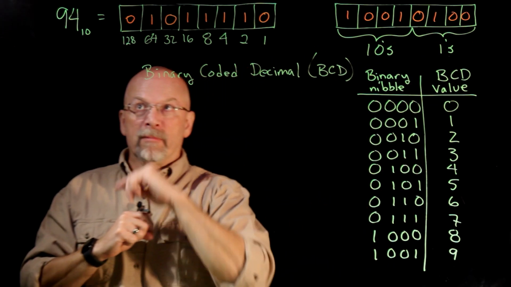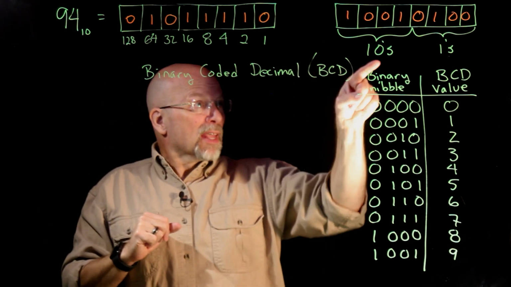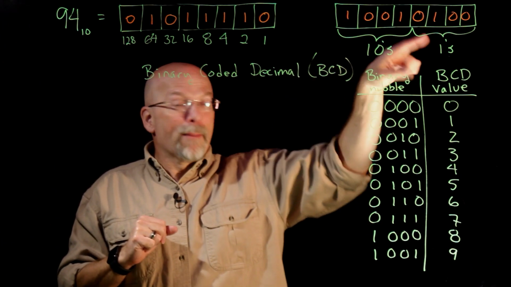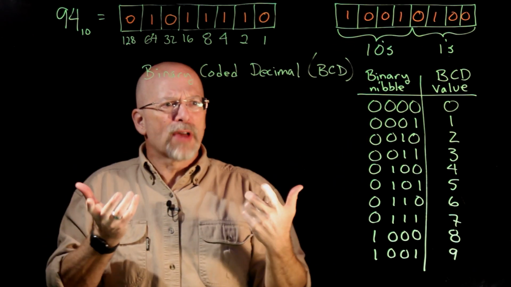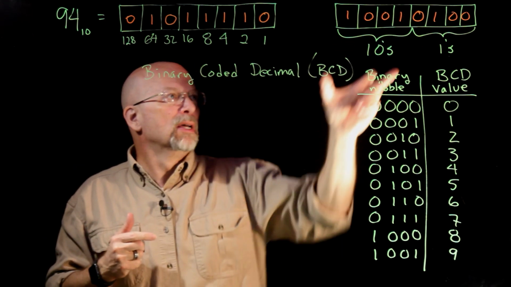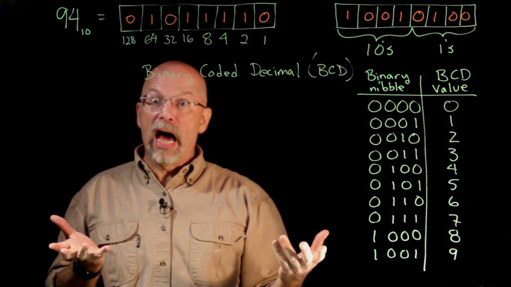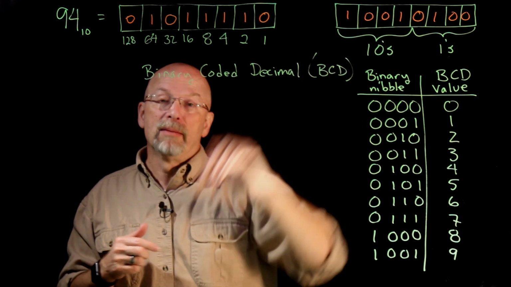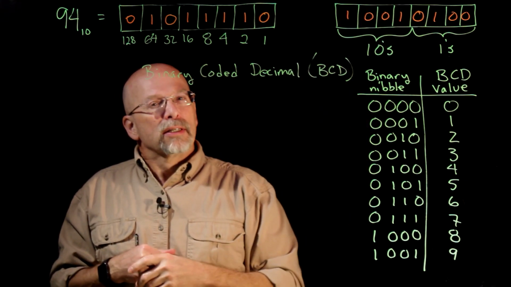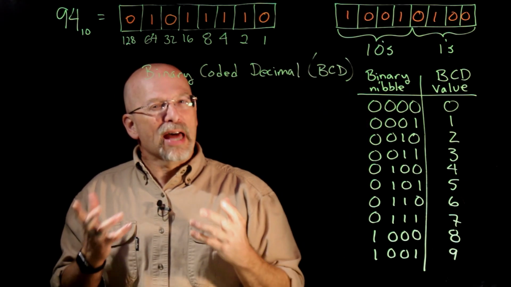All right? Now, real quick, if I'm looking at this way of representing something in BCD, what's the largest value I can possibly represent? Well, 99. That's the biggest number I can represent. So I can go from 0 to 99 in BCD. In unsigned binary, I've got a lot larger range.